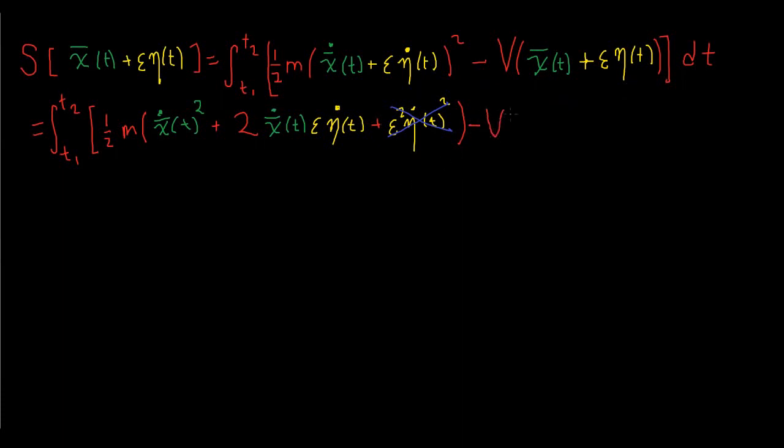So minus v of x bar of t, and then we have minus epsilon times eta of t times v prime, where by prime I just mean the derivative of v, v prime of x bar of t. And now all of this times dt.